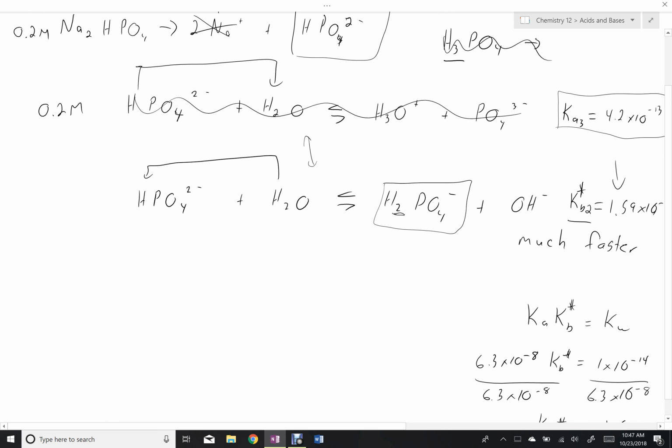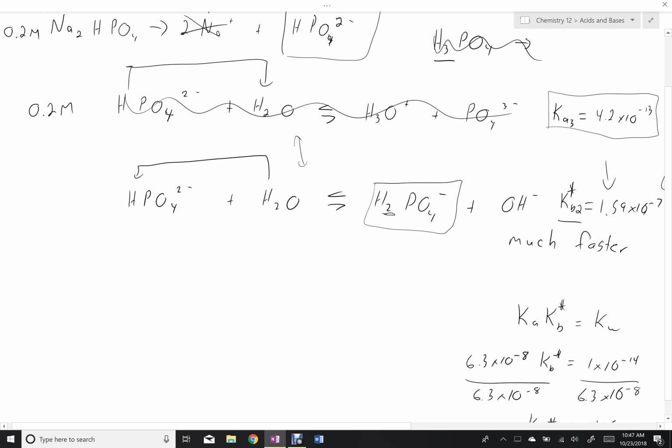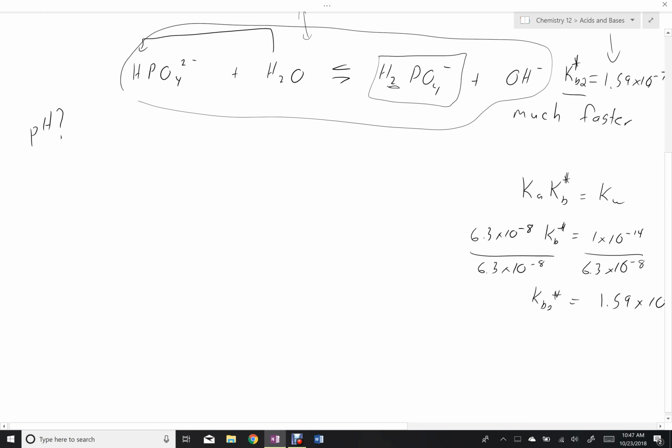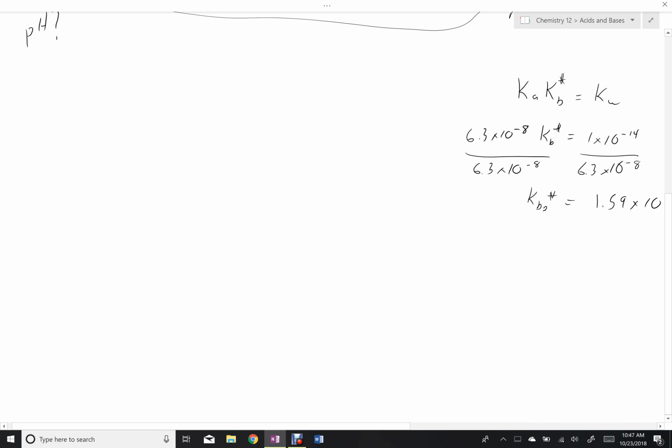So if I start with some initial concentration of 0.2 HPO4 2- and I want to figure out the pH, then I'm going to look at this process and I'm going to neglect that process. So let's go ahead and do that and finish off this question. Just going to slide down here so that I can get more space and just rewrite.